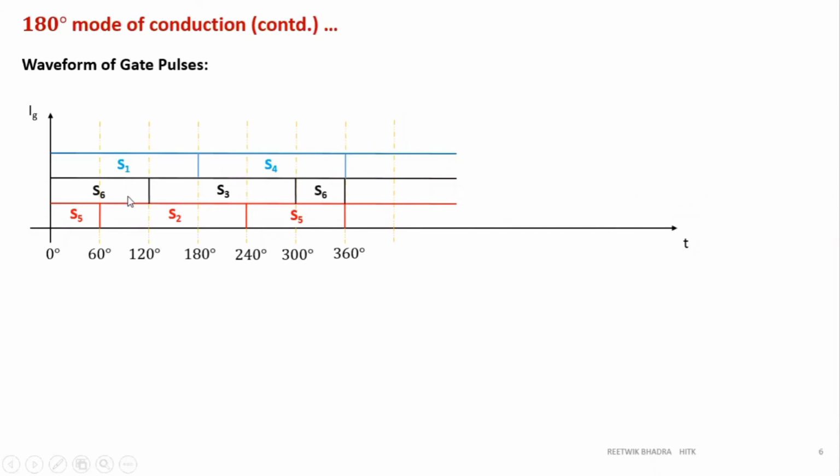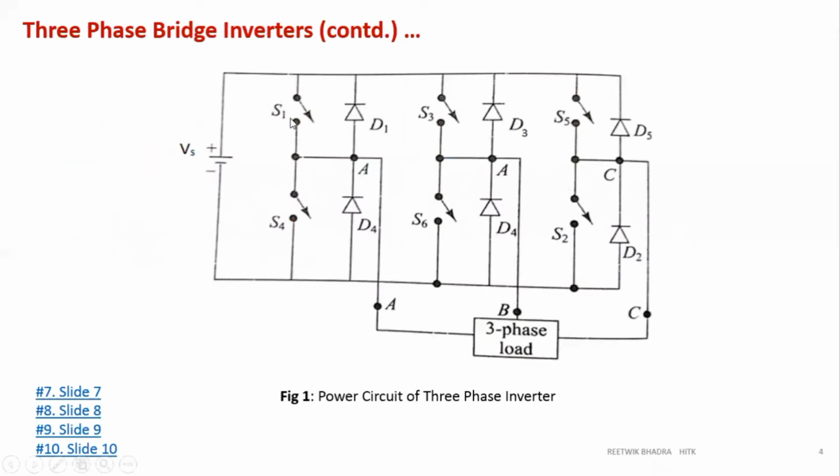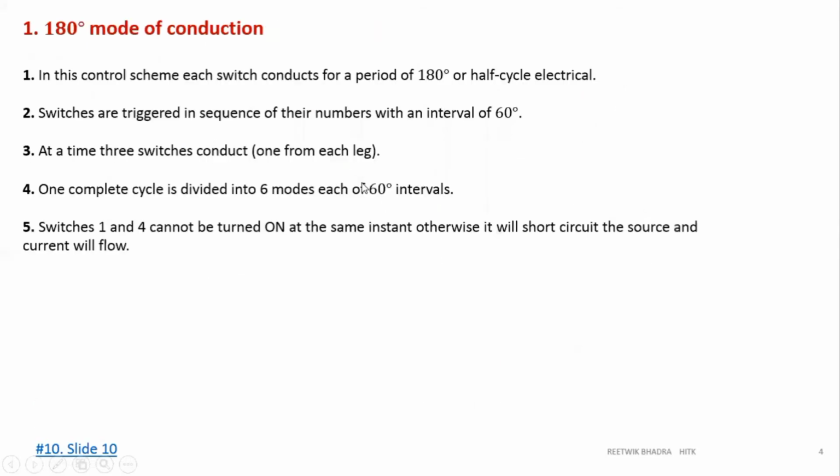So 1, 2 and 6 are on. So which phases? A to positive, B to negative, C to negative, right? You can understand 2 and 6 are even numbers, so negative. A to positive because S1 is connected. So A positive, B and C negative.